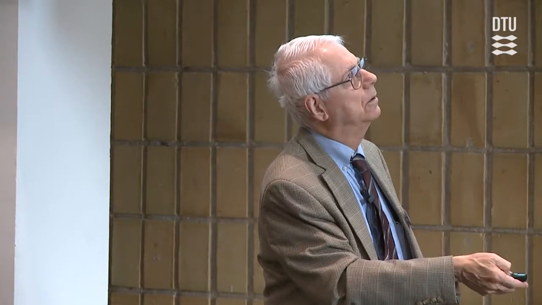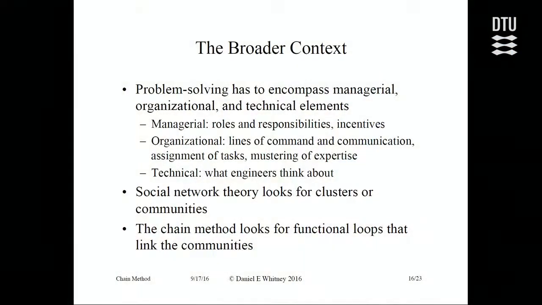All right, so the broader context. I've said a lot of this stuff, and I worked ahead in case I ran out of time. So we have the managerial, the organizational, and the technical. Roles and responsibilities and incentives. Incentives are a terrible trap. People will do what's necessary to get their score up according to the incentive.